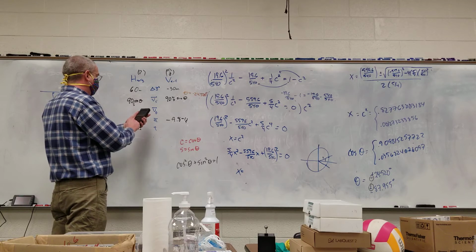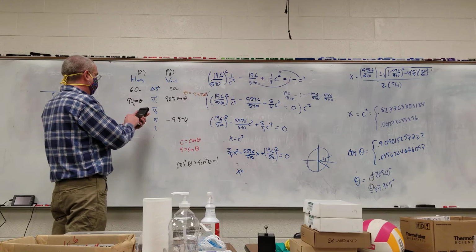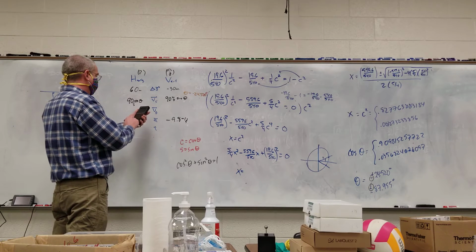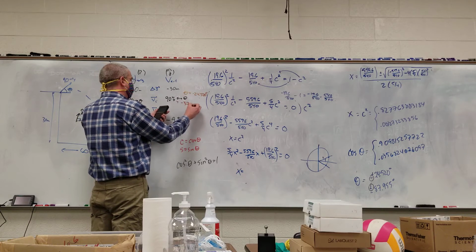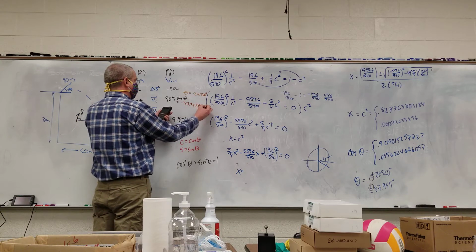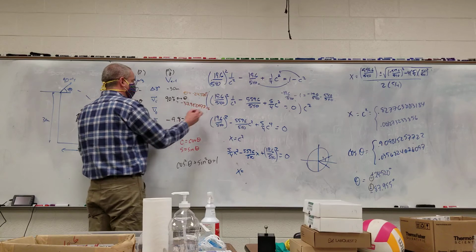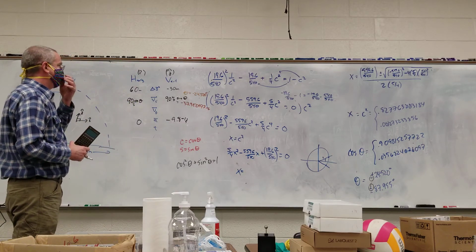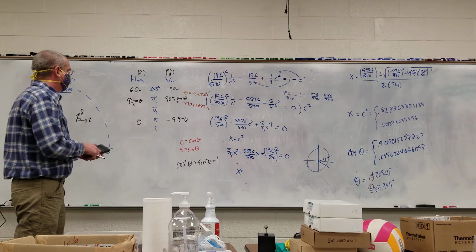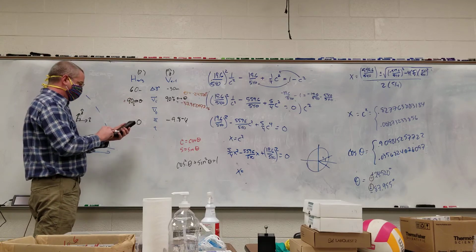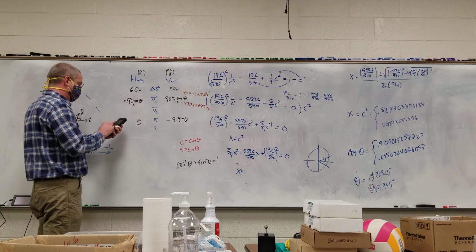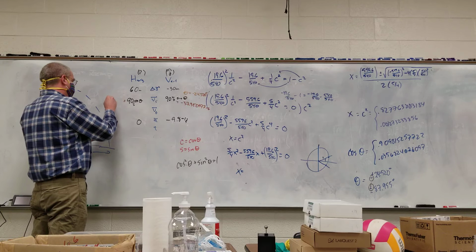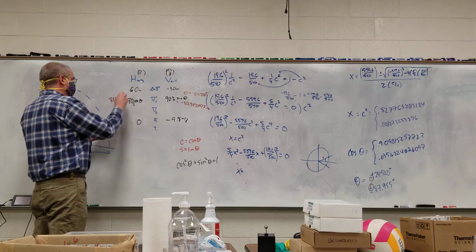So 24.52 negative sine, 90 times, and so this ends up being negative 37.350977 meters per second. And over here, this one, 24.52 cosine, 90 times, 81.88348.